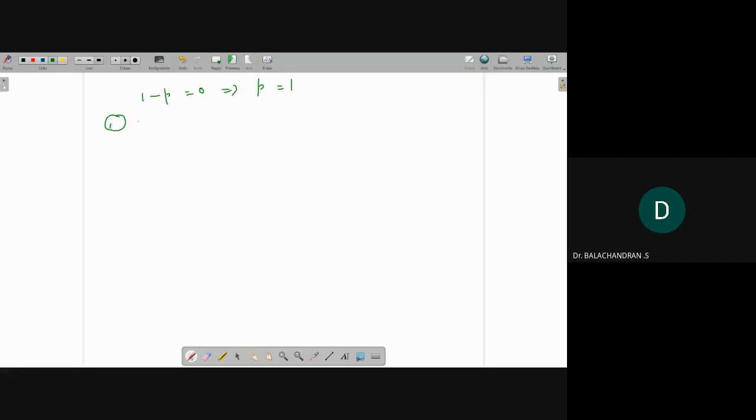Now equation 1, y equal to x plus p square minus 2p, with p equal to 1 gives 1 square minus 2 into 1, so y equal to x minus 1, or x minus y minus 1 equal to 0. So it is a singular solution of equation 1.